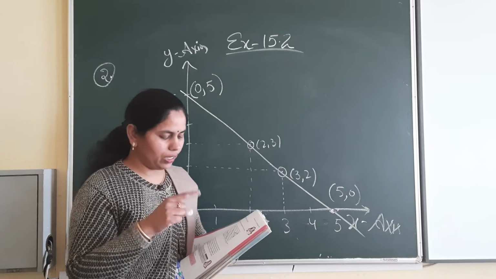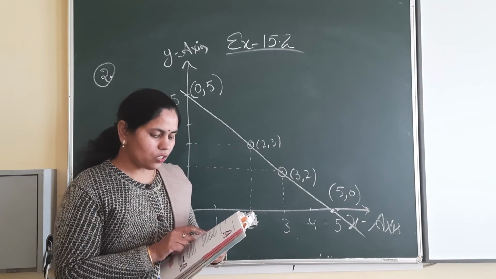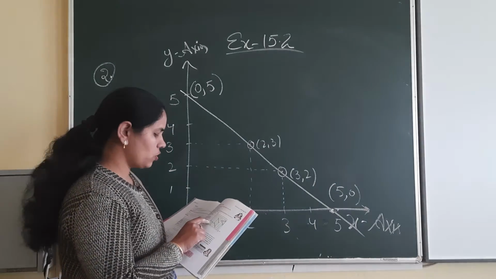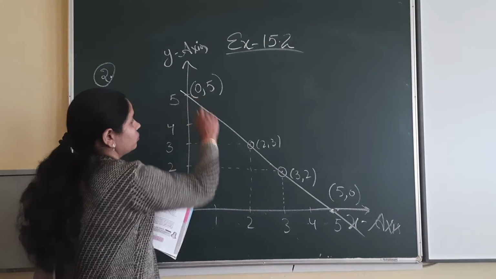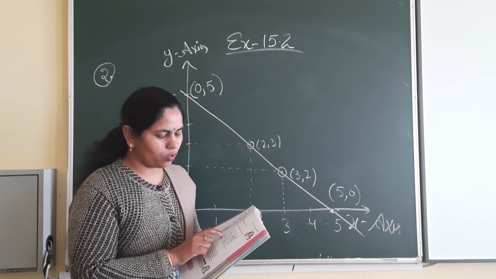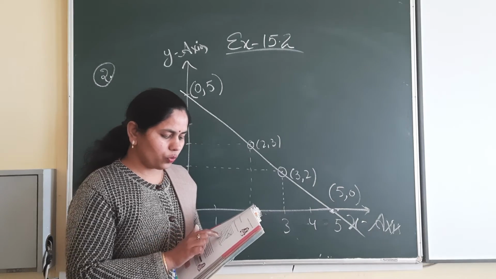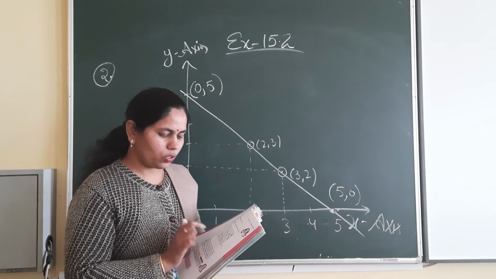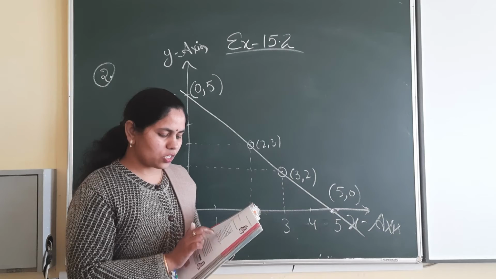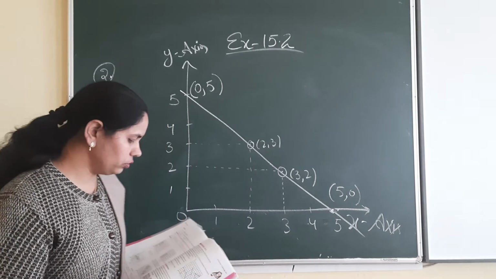First always take the value of x and then the value of y. Then for C, 0, 3. Because on y-axis the value of x will always be 0. Okay, and then check the value of y. So for C that is 0, 3. Okay, for P the value will be 4, 3. For Q 6, 1. So this way find out all the coordinates and match your answer also.